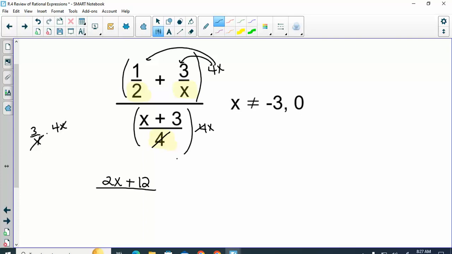So I have x times that x plus 3. Turn into x squared plus 3x. Did I lose anybody on that?